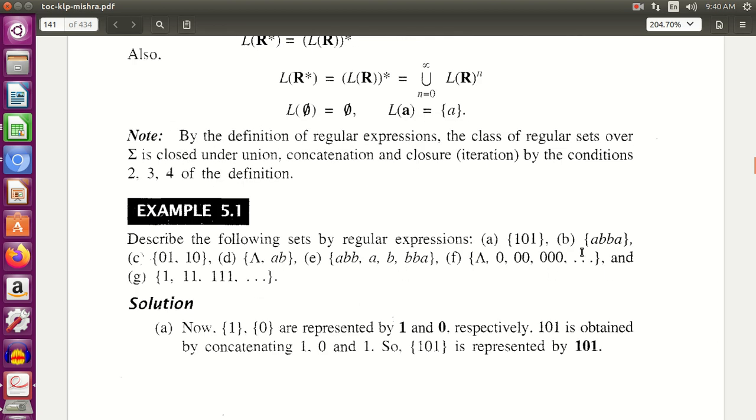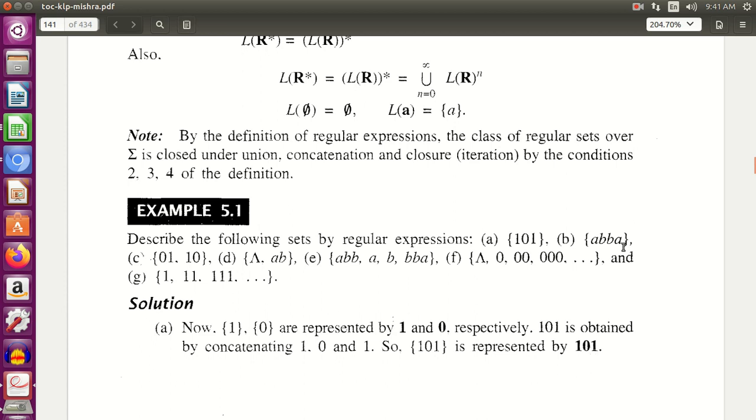Now a few more examples are here. Describe the following sets by regular expressions. So these are the languages given to you, and you have to just represent them in terms of regular expressions. This is very straightforward and easy. If 101 is your language, then the regular expression will be just 101 written in bold font.